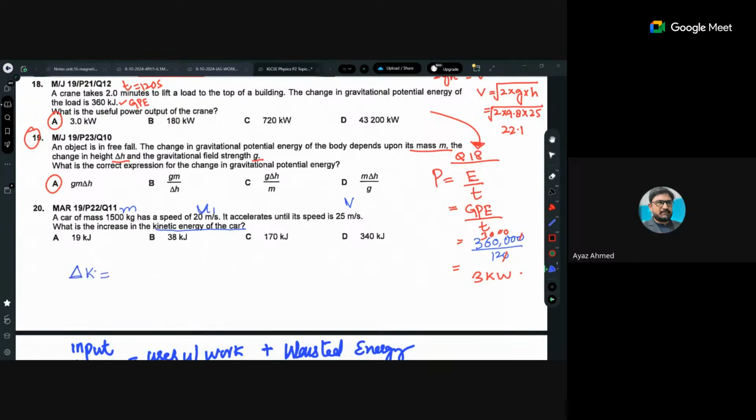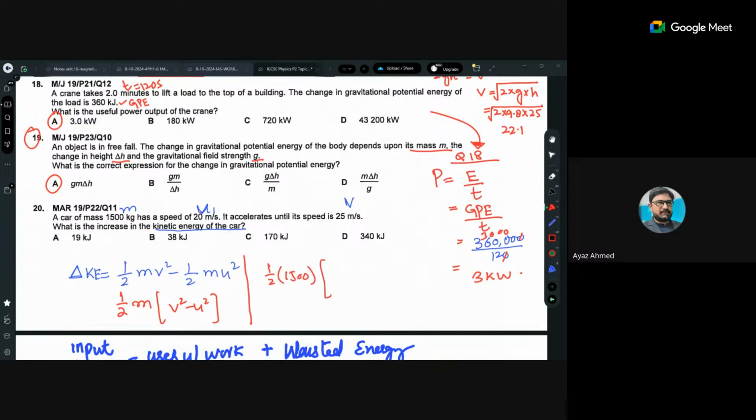Change in kinetic energy equals 1 by 2 m v square minus 1 by 2 m u square. So 1 by 2 m can be taken as common, and v square minus u square will be plugged in. Just 1 by 2. What is mass? 1500 kg.